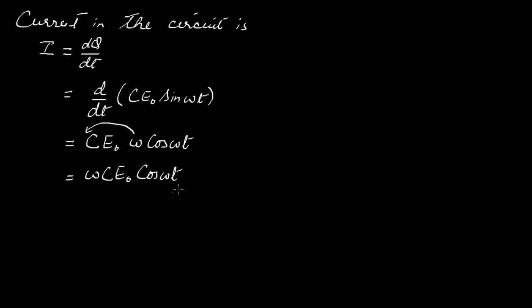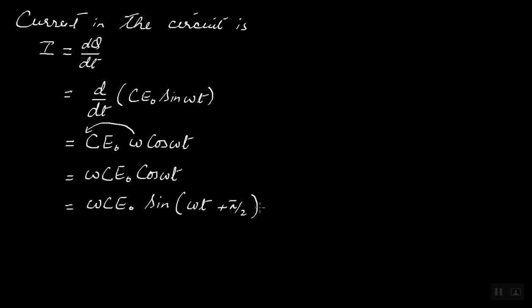But then we cannot compare the current like this, it's more convenient to write in terms of sine. So cos omega t is sine omega t plus pi by 2.